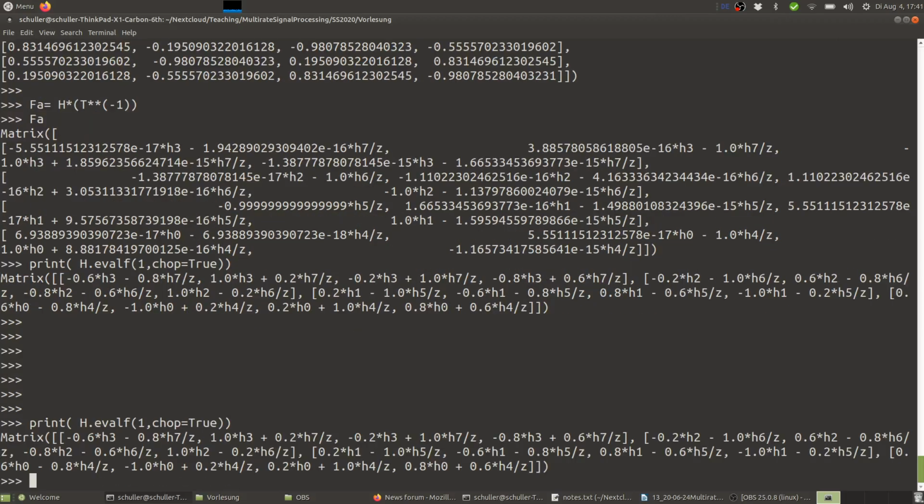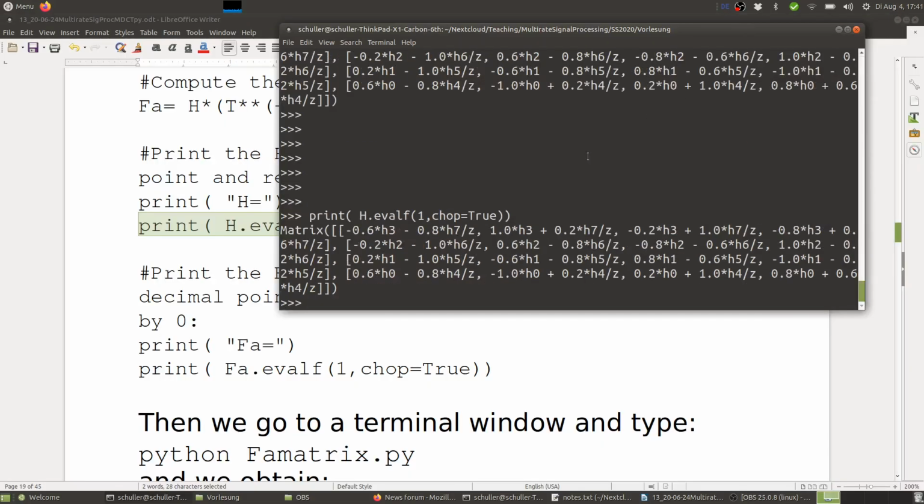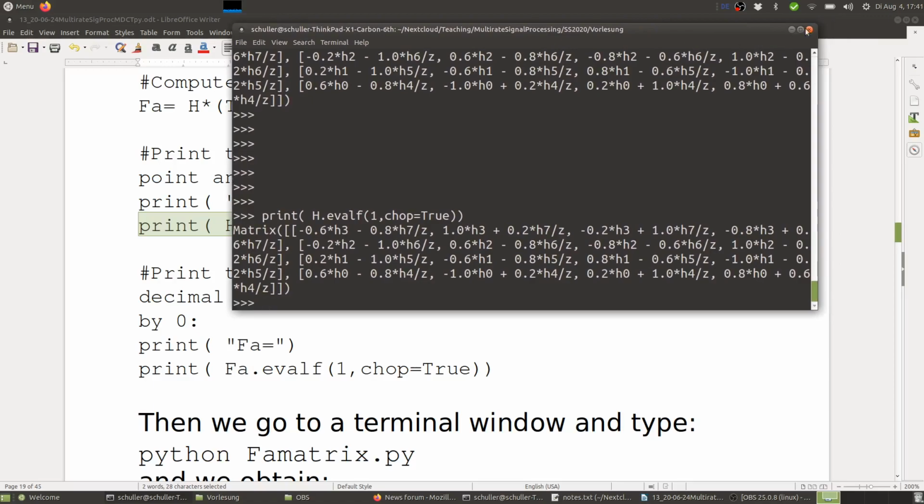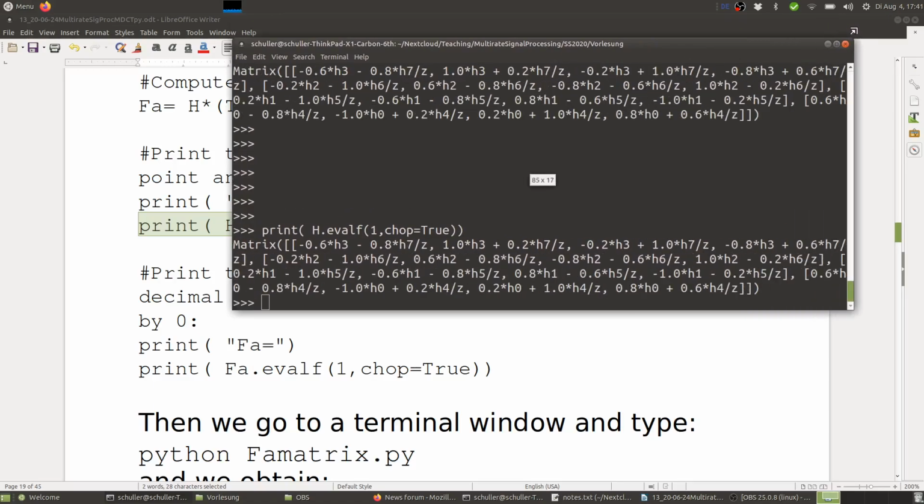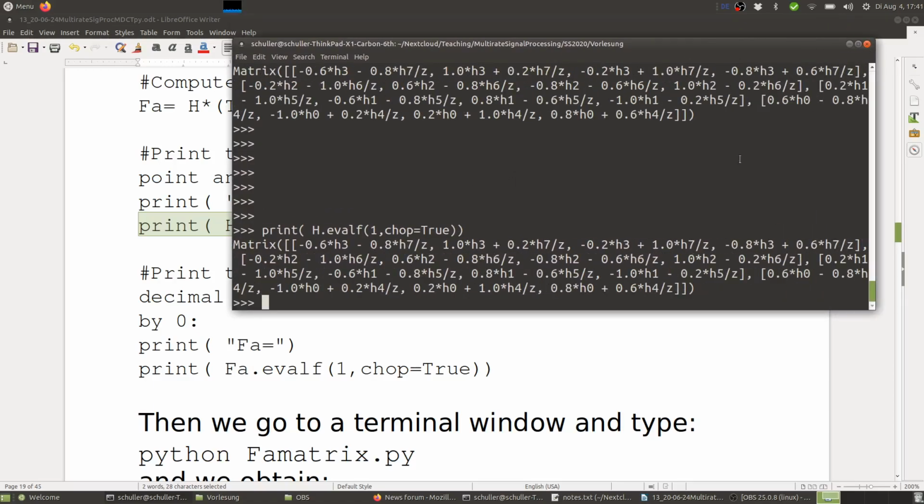So I'll try it again. Yeah, so actually this looks quite good. So let me just make this such we get one row here. You can see here we have minus 6 times H3 minus 0.8 times H7 times Z to the minus 1 and so on.